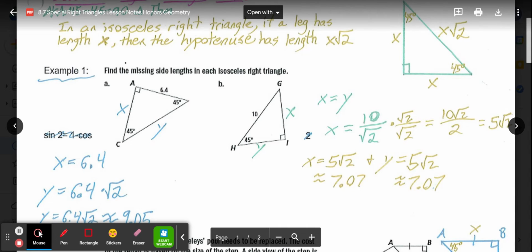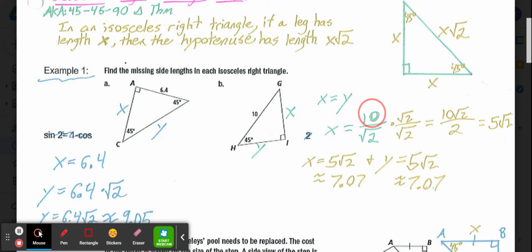If the hypotenuse is a leg multiplied by the square root of 2, to get back to the legs, I need to take my hypotenuse, 10, and divide it by the square root of 2. But if we go back to Algebra 1, we know there's a mathematical rule that says we cannot have a square root in the denominator. No radicals in the denominator.